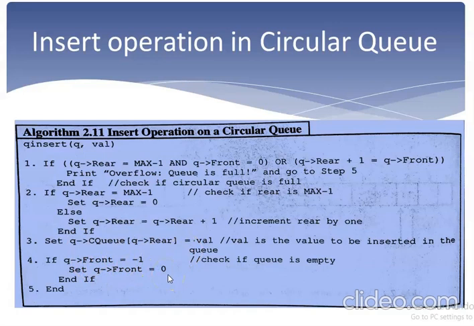Front as well as rear has to be made 0, but by this equation, rear will be made to 0. Minus 1 plus 1 will become 0. We have to make front also pointing to the location 0 if the queue was empty. So this has to be taken care of in this insert operation.